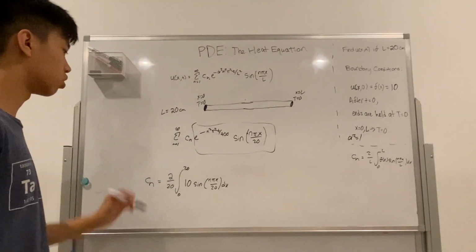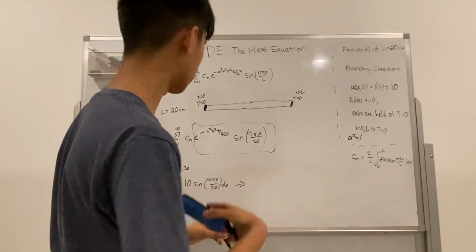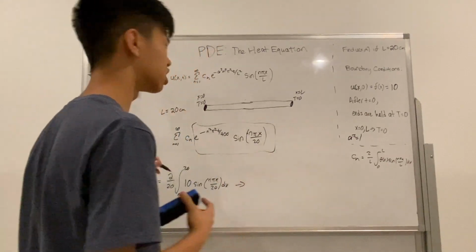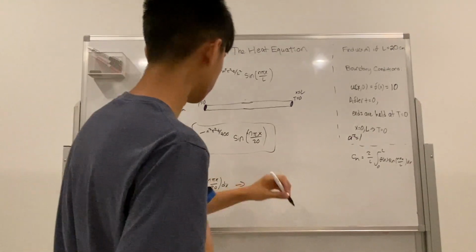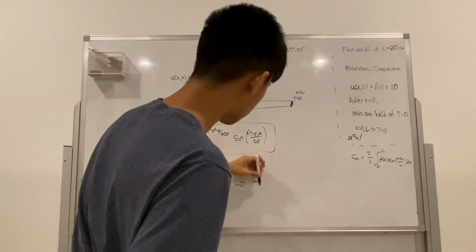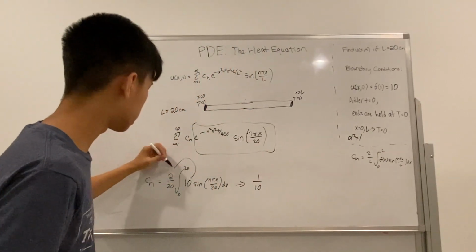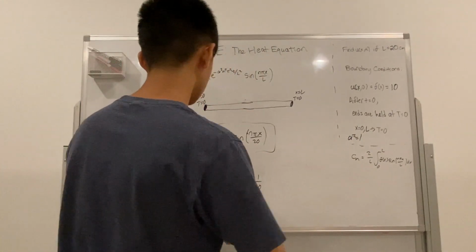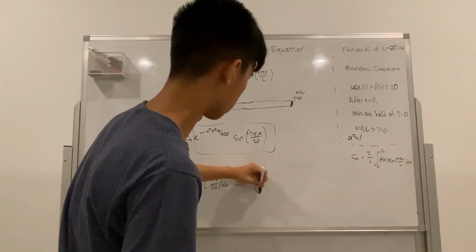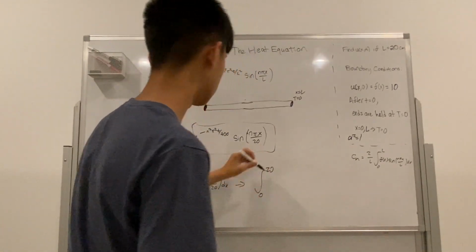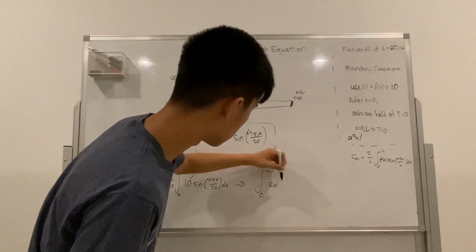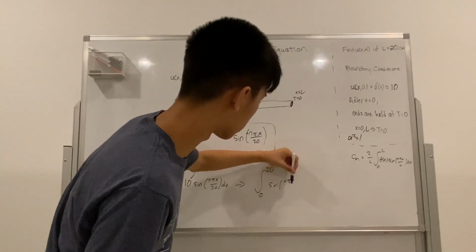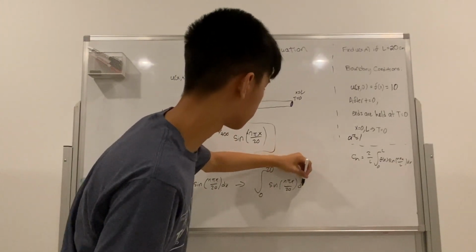So now we can integrate. So 1 over 10, take out this 10. So it's just the integral now from 0 to 20 of sine n pi x over 20 dx.